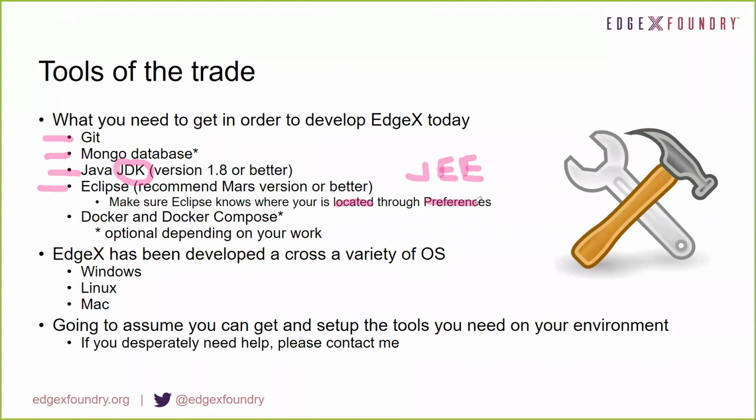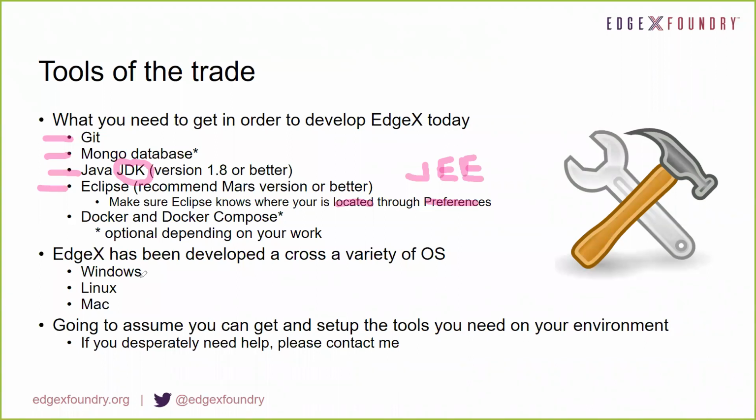In other words, there's a way for you to operate in a hybrid environment where some of the things you're working with are in your Eclipse environment and some are in Docker containers. Again, we'll talk more about that in future tech talks, but know that eventually you're going to want to get both Docker and Docker Compose in your environment if you're going to be hot and heavy into EdgeX development.